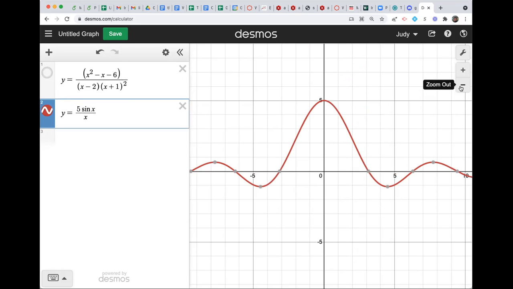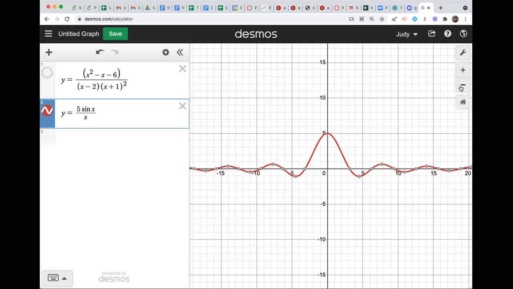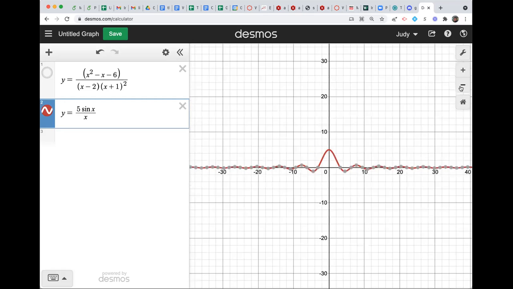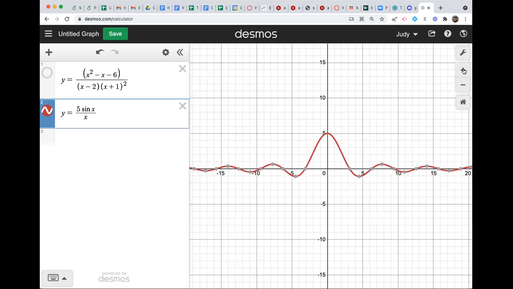All right, and let's sort of zoom out a little bit. What's happening to the waves as we go further and further out? All right, so notice that the waves get smaller and smaller as we go out to the ends of the function. Okay. Now let me zoom back in for a moment.